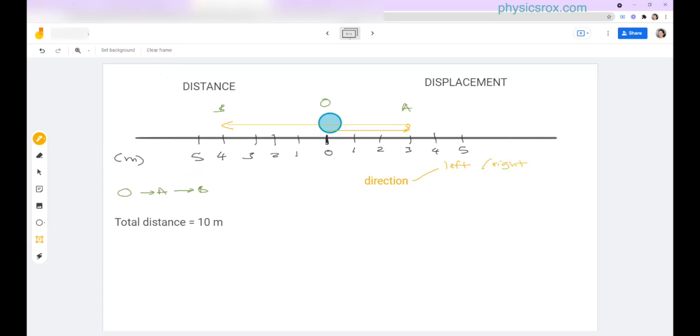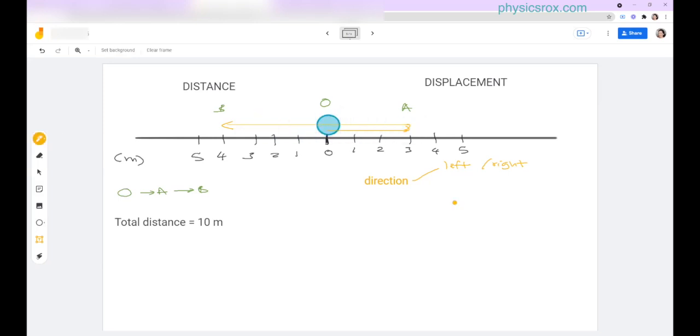That means you will say, the object moves from O to A is 3 meters to the right. Then it goes back 3 meters to the left. Then it goes another 4 meters to the left. But then how do we talk about the displacement? So you can talk about left and right.